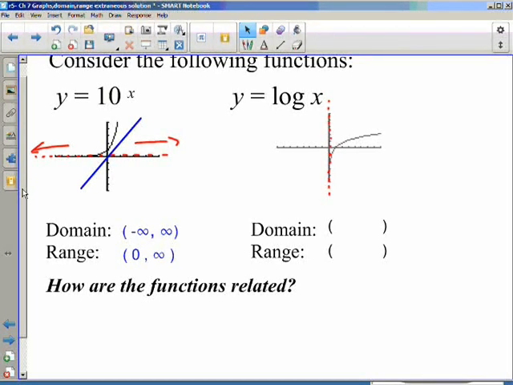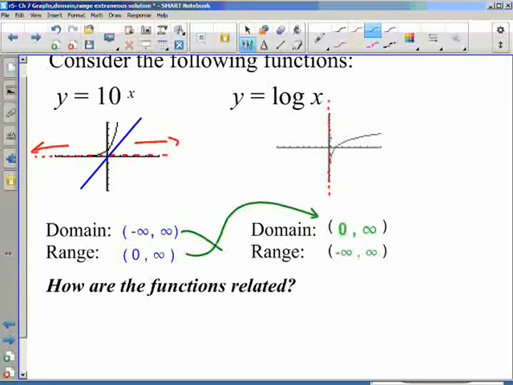Of course, that involves some transformations, but for this function, just 10 to the x, you'll never get a negative output. When we look at the log function in a similar way, what was the range is now our inputs, and you can guess that what was the domain is now our outputs.